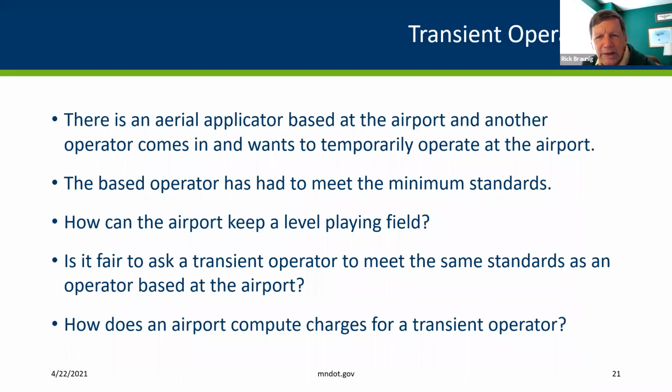Transient operations. So here we're talking, the one we see most often is an aerial applicator coming in to operate at an airport. And you've got to think about, you know, how do I need to control that? Probably somewhat. You don't want someone coming in. I landed at one airport one time and walked into the arrival departure building, and the operator had stuff spread out all over there.